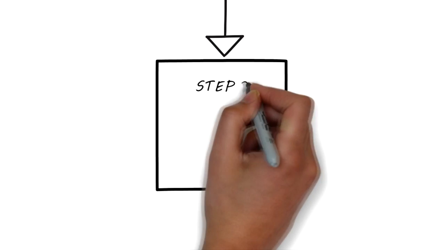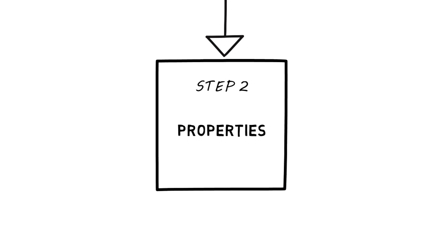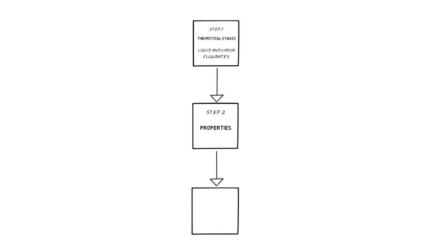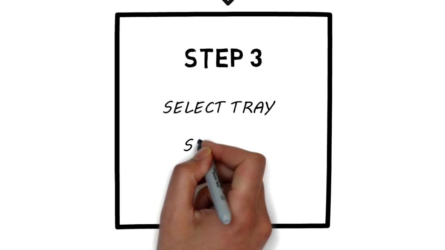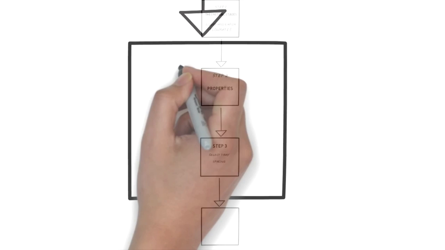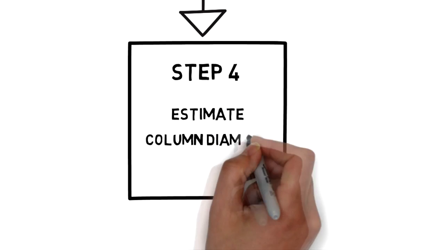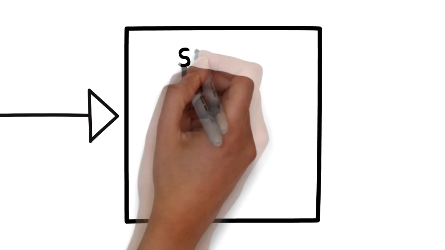Then we will go to step number 2, where we will obtain the physical properties of the system, which include density, viscosity, as well as the surface tension. Step number 3. Select a trial plate spacing. Then we will go to step number 4, where we will estimate the column diameter based on flooding considerations.